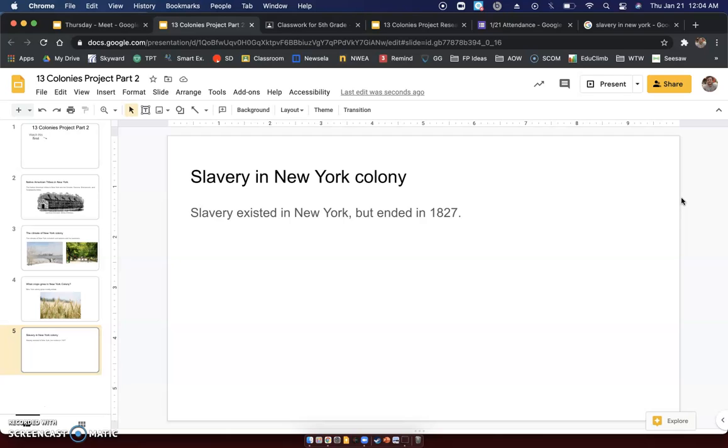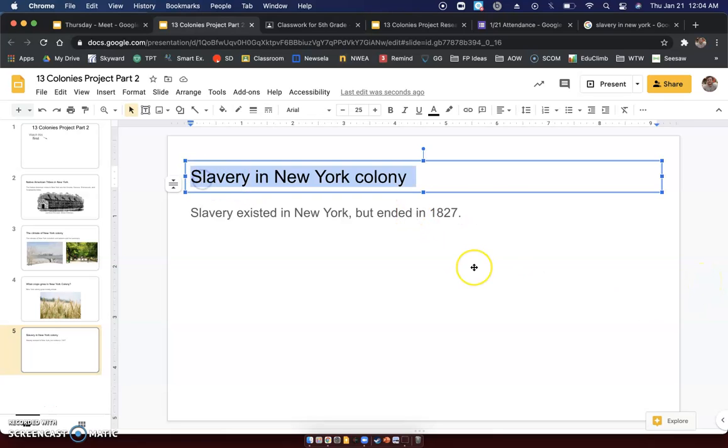But those states that we think about as having fought to end slavery, well, they actually did have slavery. New York was one of those states that really wanted to end slavery. However, we can see there was a time in their history that they did allow slavery. And so even these states that we look at and say, wow, what heroes, we can still say they weren't perfect.